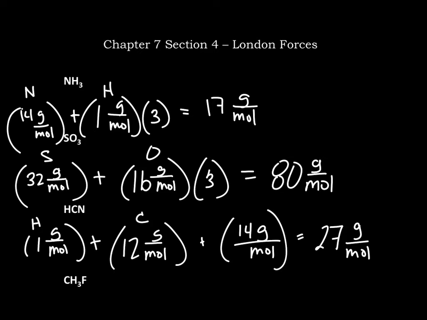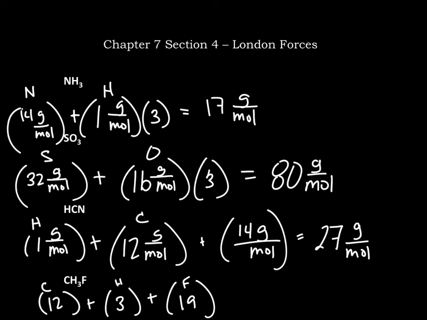Then the last example, carbon is 12 plus 3 for the hydrogen, 1 times 3, right? Plus 19 for fluorine. So 12 plus 3 is 15 plus 19 is, oops, not 24, we get 34 grams per mole.